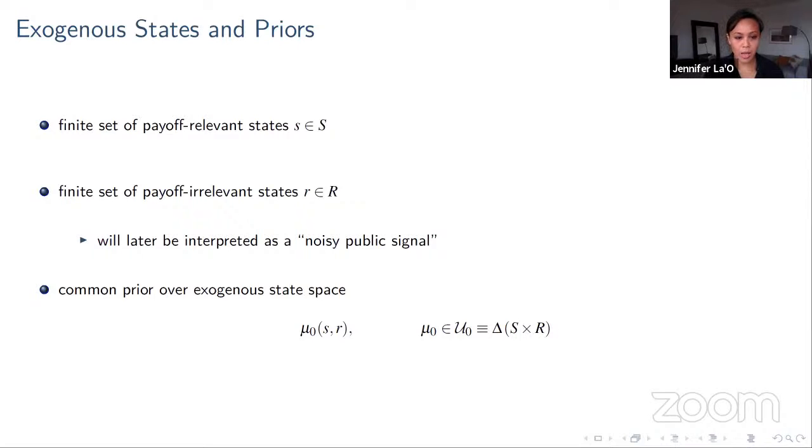We're also going to have a finite set of payoff-irrelevant states R, which we'll later interpret as noisy public signals, but just think of these as payoff-irrelevant noise, completely orthogonal to S. Agents have a common prior over this exogenous state space, which we call mu0. This is a joint distribution over S and R, and S and R can be correlated.